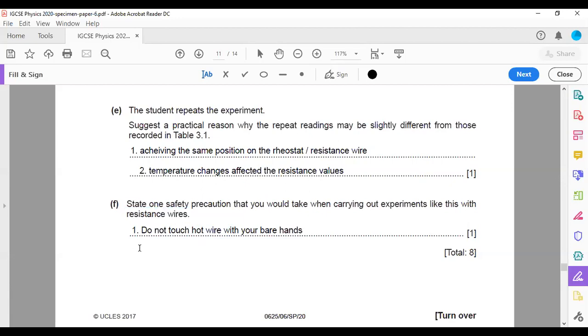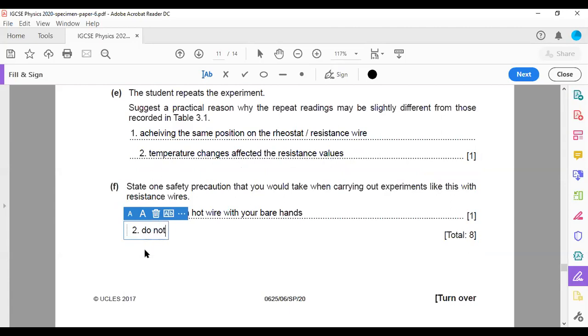And then the second one is, do not connect the terminals of the resistance wire directly to the battery terminals. Why?